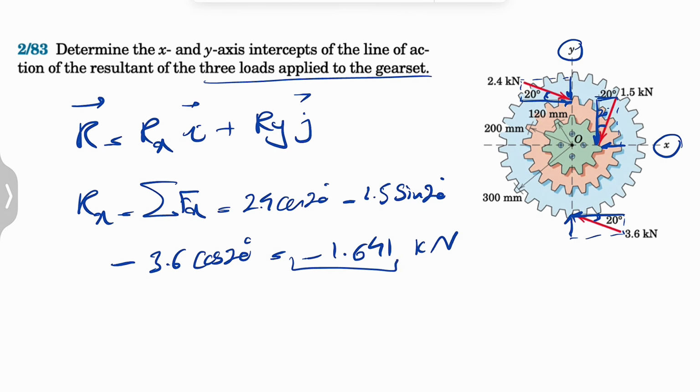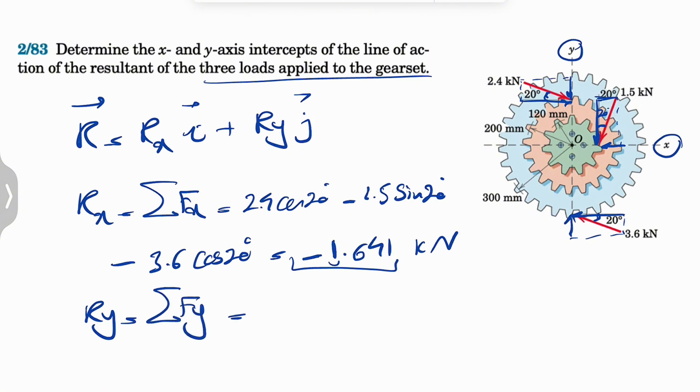Since our number starts with 1, we're going to do 4 significant figures. In an engineering mechanics question, when the number starts with 1, we do 4 significant figures, and if it's any number greater than 1, we do 3. So that's our Rx. Let's do our Ry.